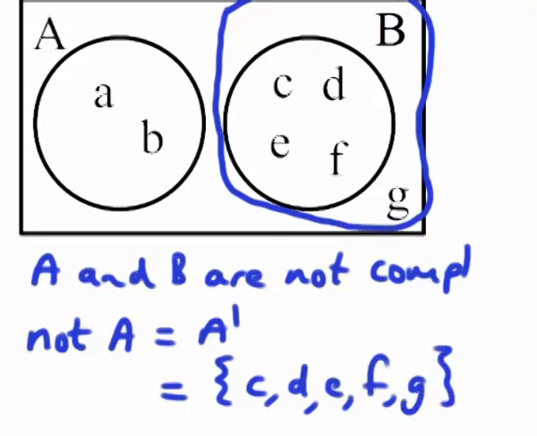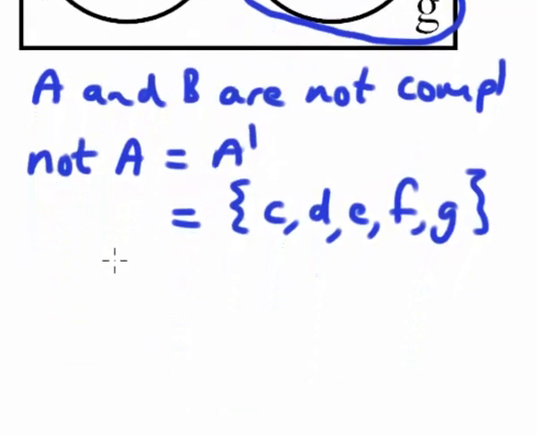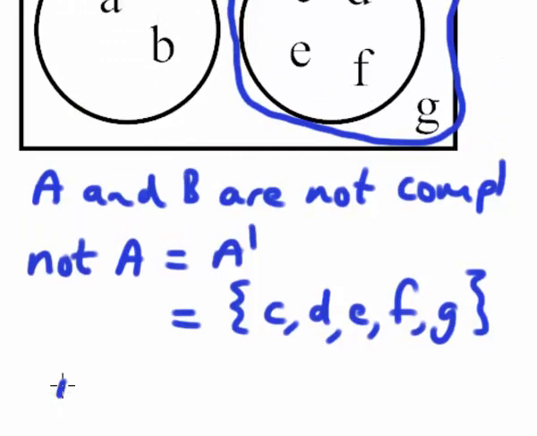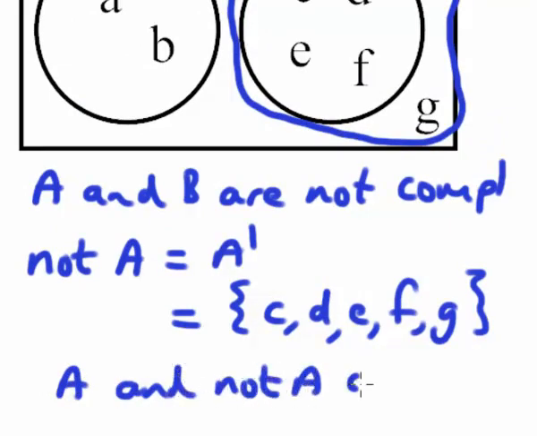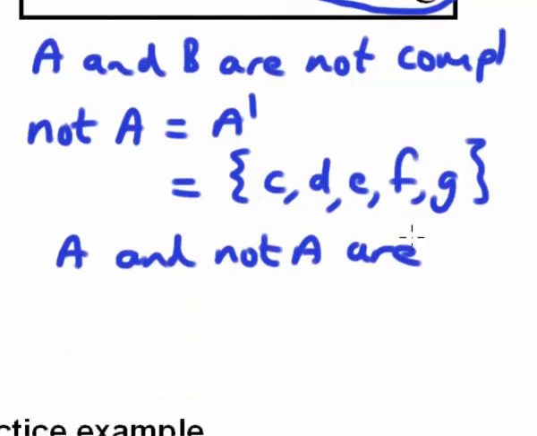Can you see that there? So in other words, if you look at these two sets, A and B are not complementary, but most definitely A and not A are complementary. Because why are they complementary?